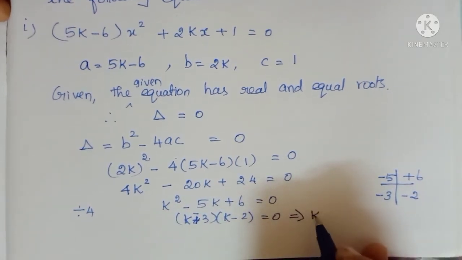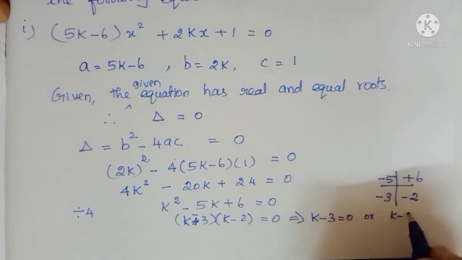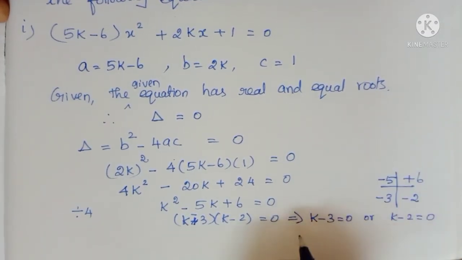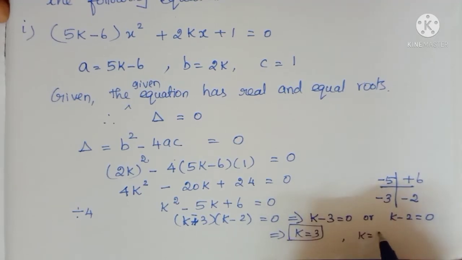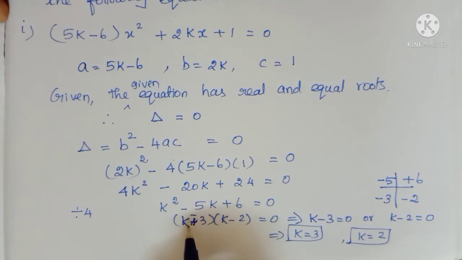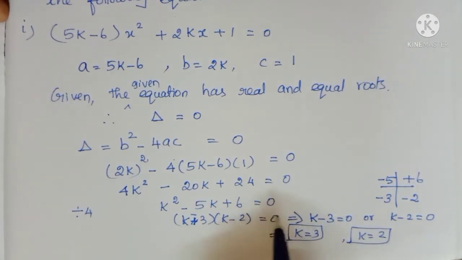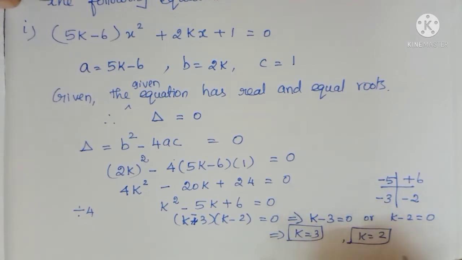That implies k minus 3 equal to 0 or k minus 2 equal to 0. Okay, so k is equal to 3 and k is equal to 2. So after finding the equations, we are using factorization method here. So you got the values of k is equal to 3 or k is equal to 2.